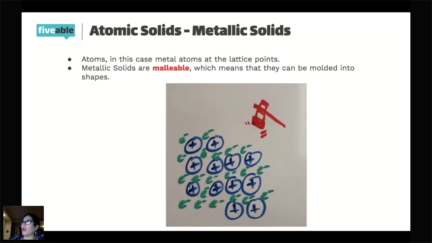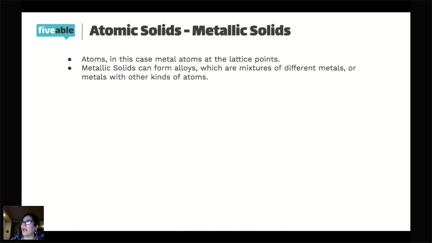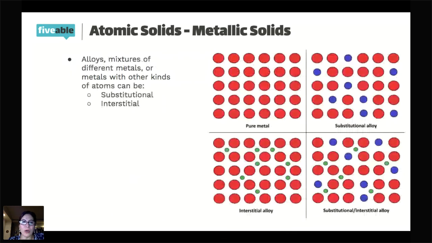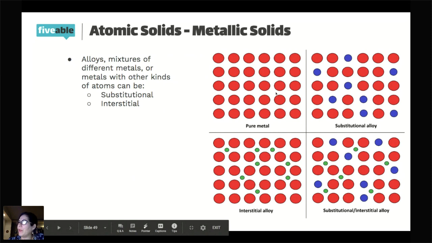Okay, so metallic solids can also form alloys. Alloys are mixtures of different metals, or metals with other kinds of atoms that are not necessarily metallic. We have different kinds of alloys: substitutional alloys or interstitial alloys. For example, here we have a pure metal.